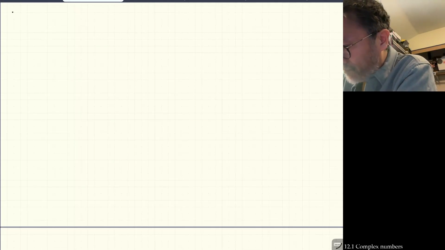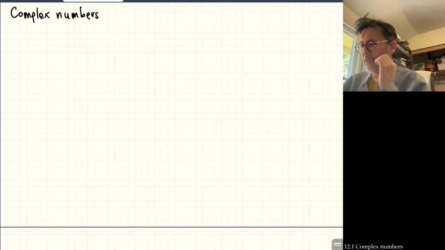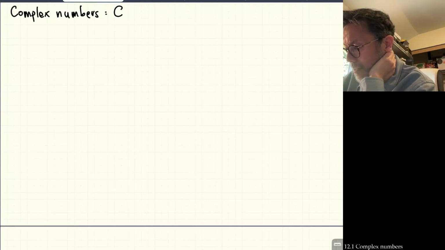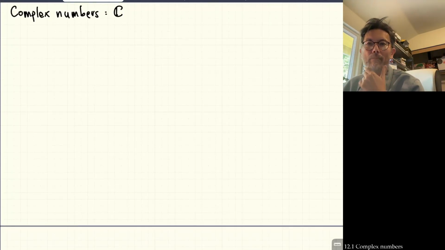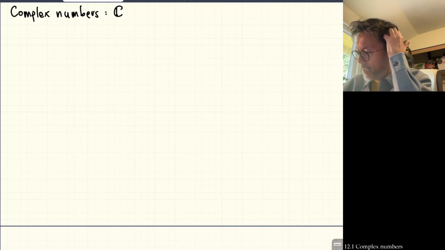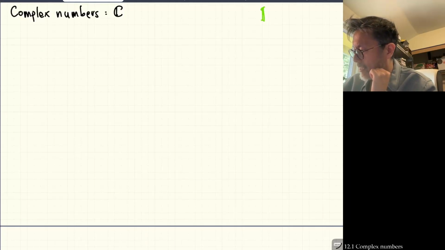What are some of the notational elements that go into complex numbers here? First of all, the complex numbers as a collection of numbers are oftentimes written in the following way. It's a sort of fancy C. Now this is in contrast with a fancy R. Maybe you recall R is given by the set of real numbers.